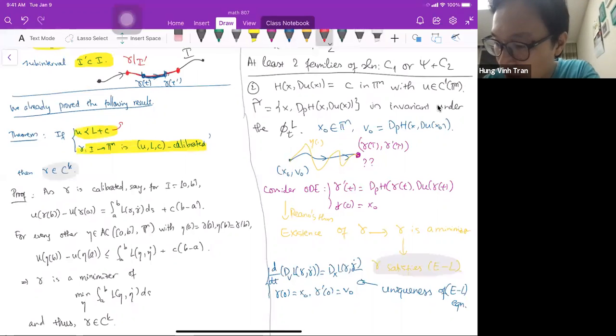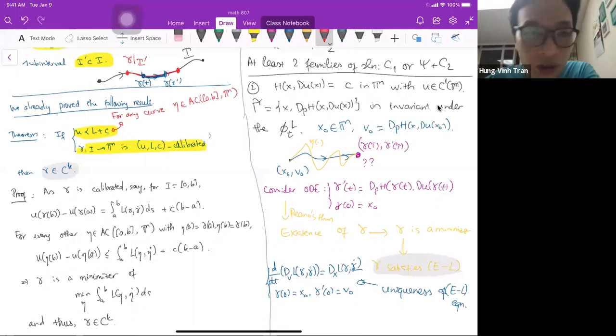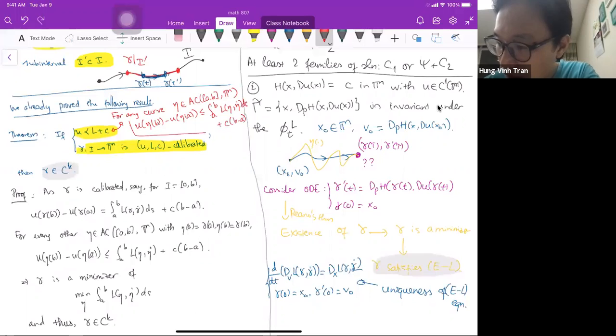So U is dominated by L plus C, meaning that for any curve eta, absolutely continuous from A B to the torus, or you can say C1, same, doesn't matter, then you have that U of eta B minus U of eta A is going to be less than the action function of eta, L plus C of B minus A. Okay, so it's dominated by L plus C, right?